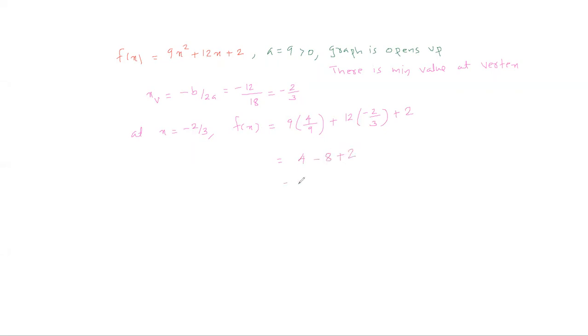So 4 plus 2 6 minus 8 minus 2. So minimum value at x is equal to -2/3 and minimum value is -2, and you can see that there is no maximum value.